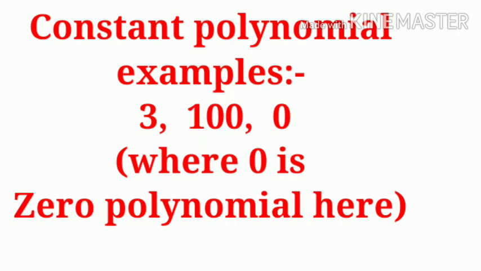So the degree is 0, because here the power of x is 0 only. But of the zero polynomial, students, the degree of the zero polynomial is not defined. I repeat, the degree of the zero polynomial is not defined, and the degree of a constant polynomial is 0. That's all for today's class.